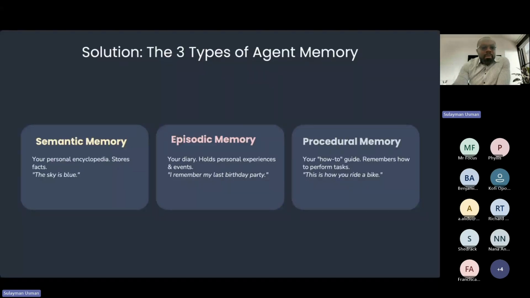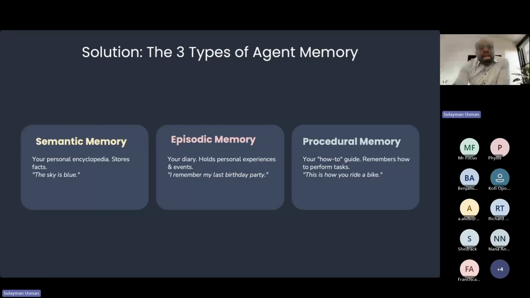And we have the procedural memory. Your how-to guide, remembers how to perform tasks. So basically, the procedural memory is more like part of the feedback loop. It will do something, save it and remember how to do it, and then it goes back again. So that's a whole loop. That's what is really going to make that AI agent better or not.